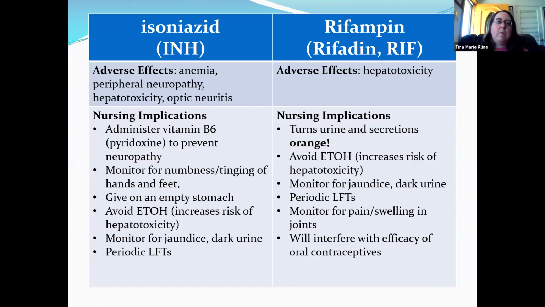The reason we do this is because the bacteria that causes tuberculosis is very, very difficult to eradicate from the body. So you're talking weeks, a lot of times months of therapy. And the reason that they use multiple medications is to make sure they are covering all avenues.